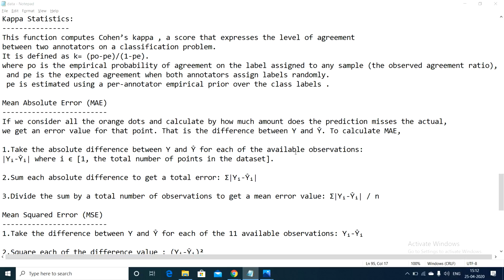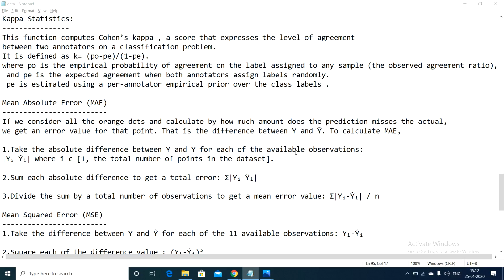Whatever we are discussing, either confusion matrix, AUC curve, now kappa statistics, mean absolute error, mean square error, or root mean square error, all of these are readily available in Python in scikit-learn metrics. It is a ready-made library, so we don't need to compute all this ourselves.